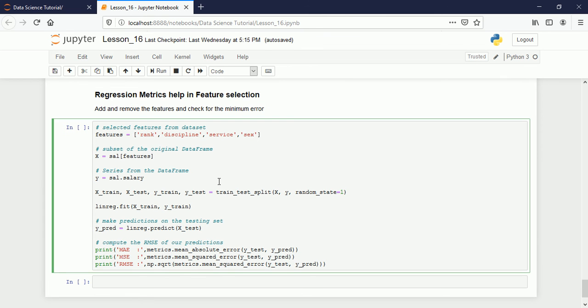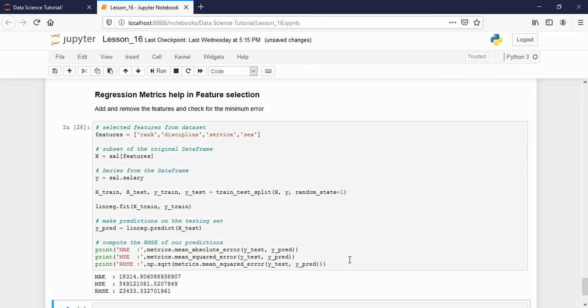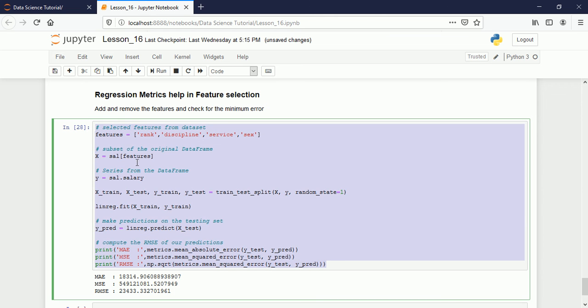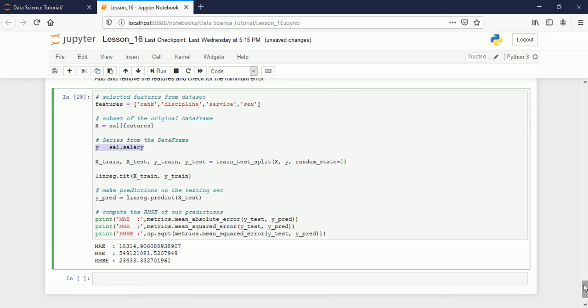The same thing we already explained here. We give the features, and this is the response value, split them into training and testing, fit the model, predict, and print the values here. Now it is showing me this. For how many features? 4 features.